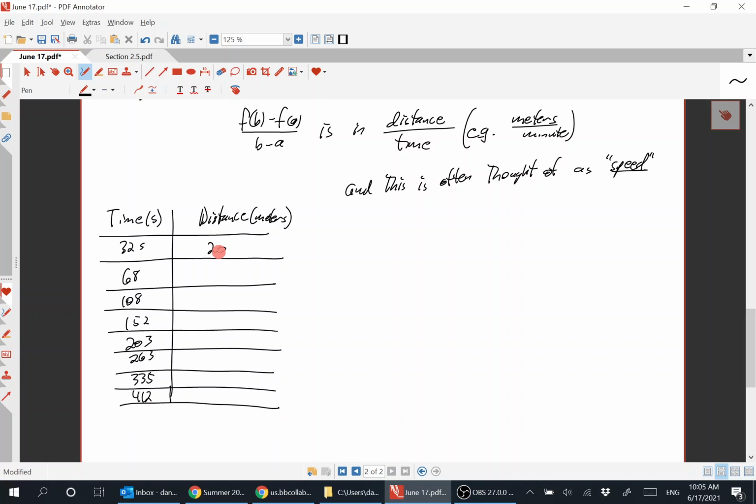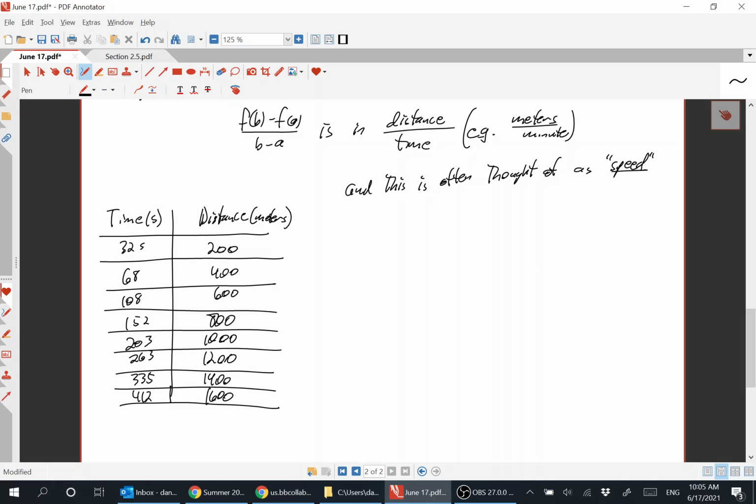And the number of meters is 200, 400, 600, 800, 1,000, 1,200, 1,400, and 1,600. So the distance traveled in 32 seconds is 200 meters, in 68 seconds is 400 meters, and so on.